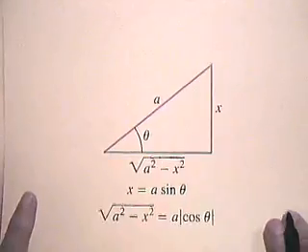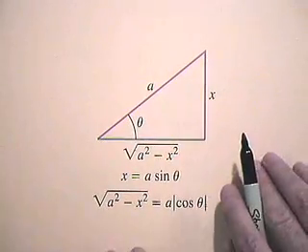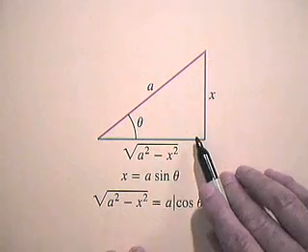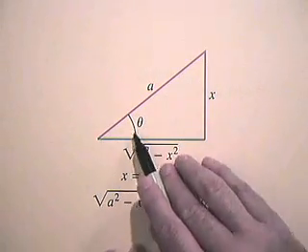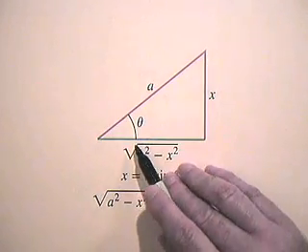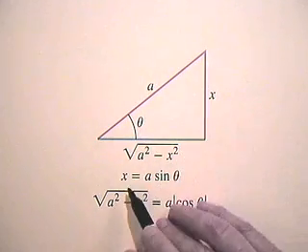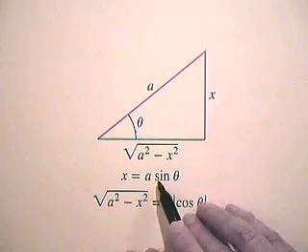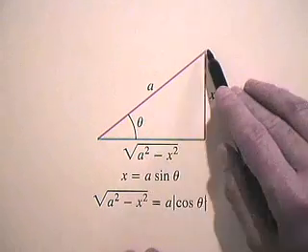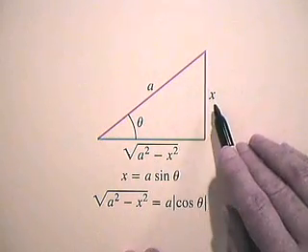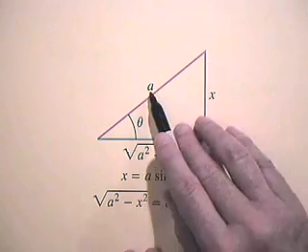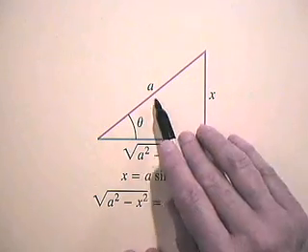Here in this picture, I have a triangle, which makes it easy to remember. Imagine an angle theta such that the sine of that angle is x over a. In that case, x equals a sine theta. Notice here's the triangle. Sine of the angle is opposite over the hypotenuse, so it's clearly x over a.